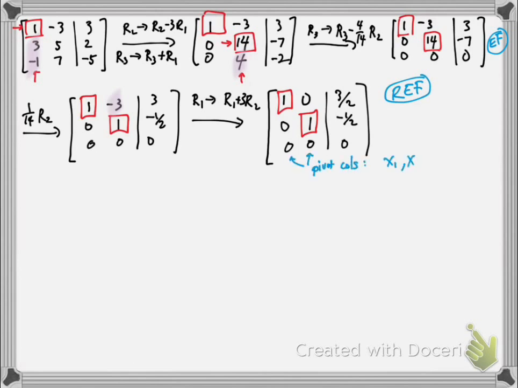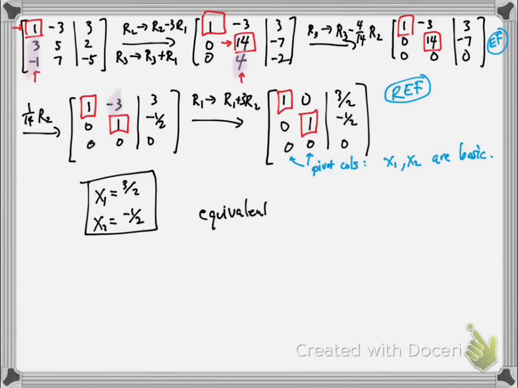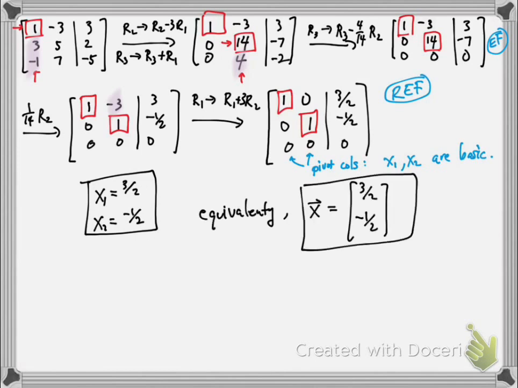And so notice I have pivot columns in columns 1 and 2, which tells me x1 and x2 are basic variables. So in particular, I can just write down what they are in terms of the numbers. In this case, I have no free variables. So x1 is 3/2 and x2 is -1/2. Or equivalently, the vector x is 3/2, -1/2.